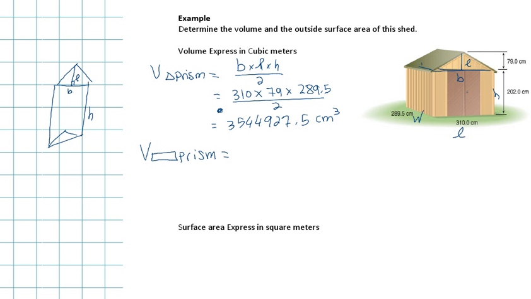Okay. So, if I'm looking at the volume of the rectangular prism, I have length times width times height. So that's going to be 289.5 times 310 times 202. And that should be this.